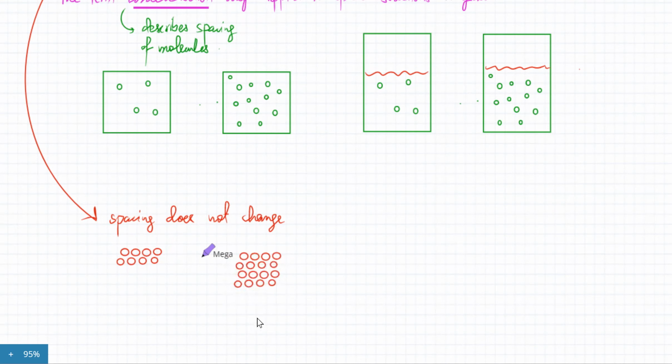They're always tightly packed. So spacing does not change for solids as well as liquids. Liquids are similar too. Solids and liquids almost have the same spacing, and the spacing never changes. A glass of water, put it anywhere, it will remain a glass of water. Its spacing never changes. It doesn't expand. The particles don't become far apart or close together. So is this point clear?